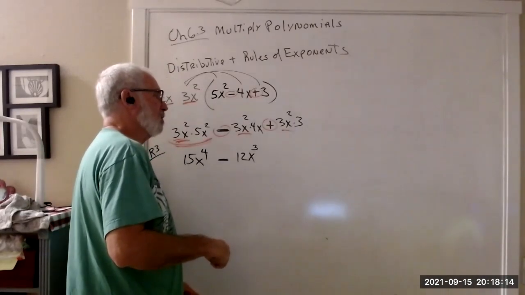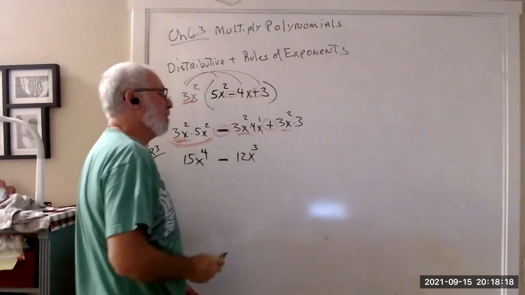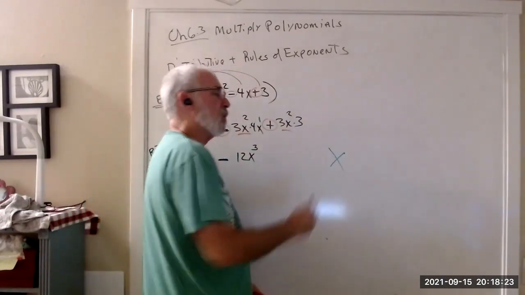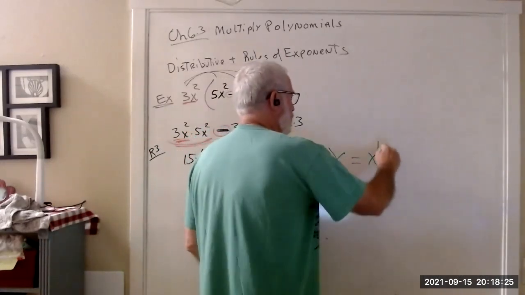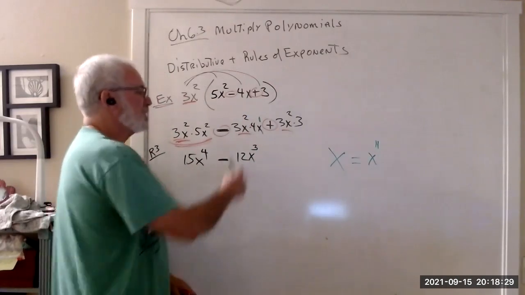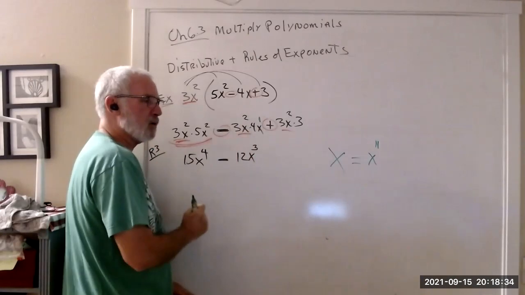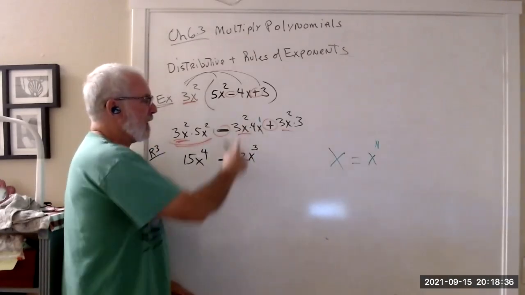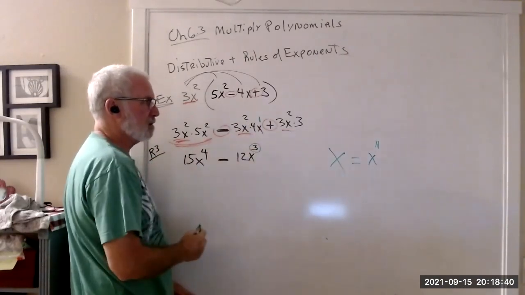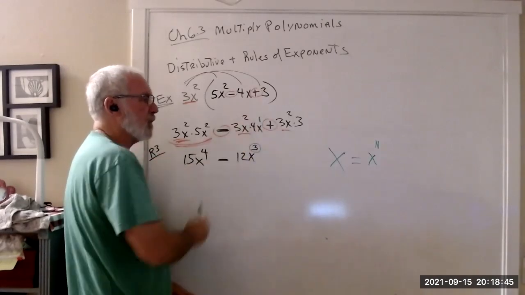Remember, when somebody walks up to you and says x, what does it really mean? It means x to the first power. So when I wrote 4x, it means 4x to the first power, so that when you add the powers, 2 plus 1 is how I got a 3. And a lot of people forget that invisible 1 there.